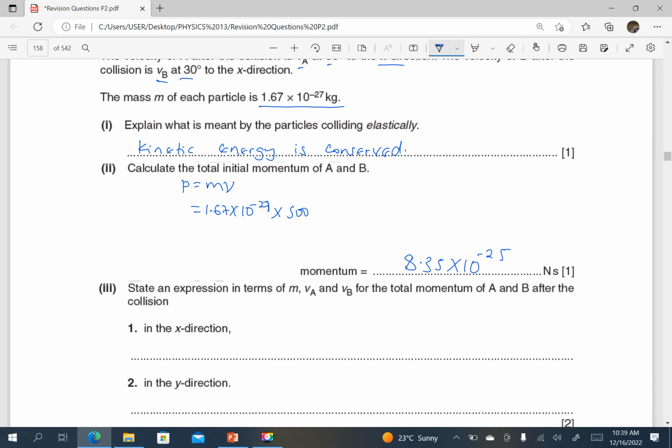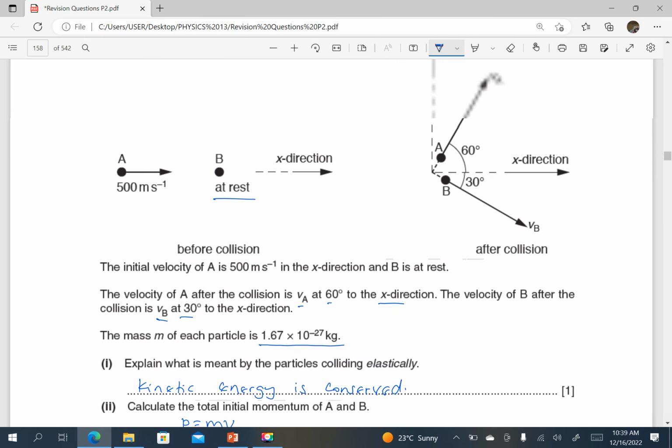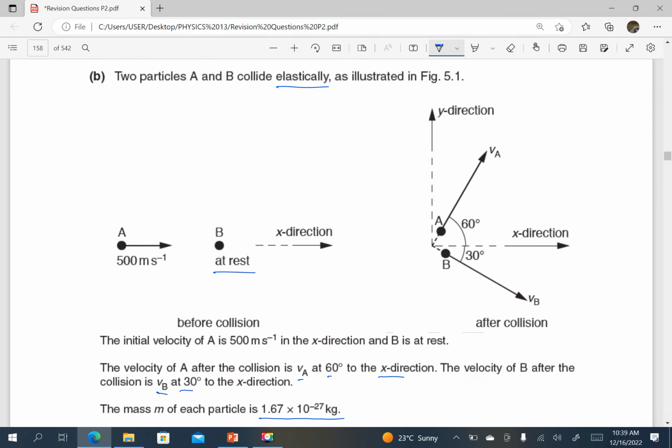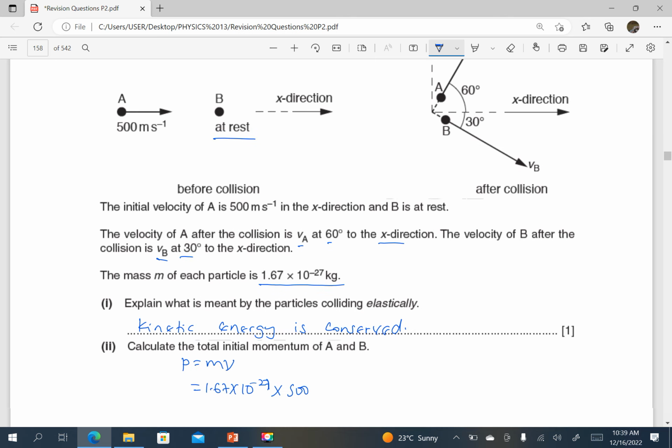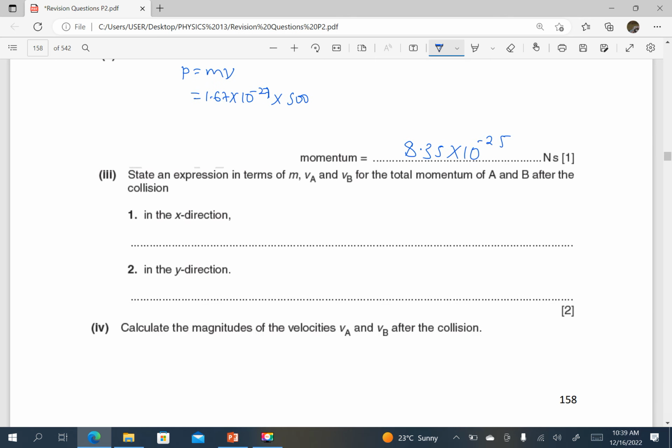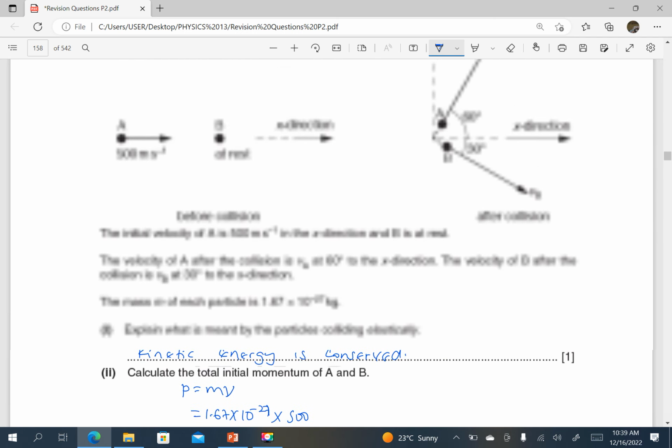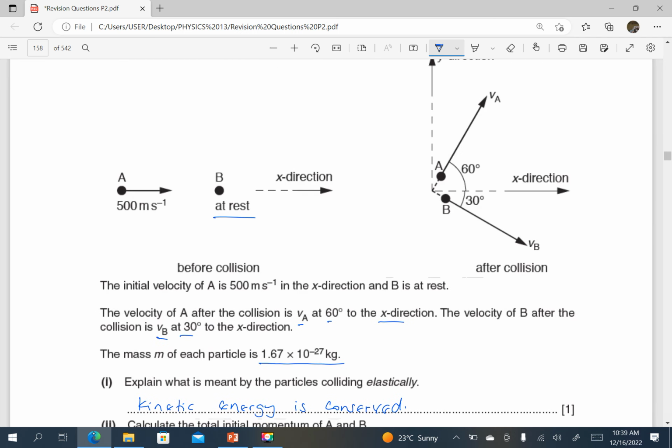State an expression in terms of m, VA, VB of the total momentum of A and B after the collision, m being the mass. So total momentum of A and B after collision in the x direction. We are going to resolve VA in the x, which will be VA cos 60. VB in the x will be VB cos 30.